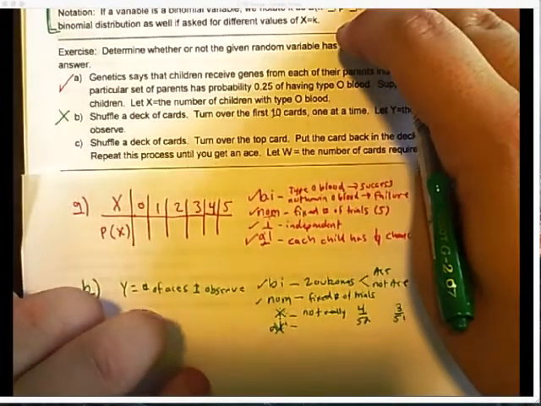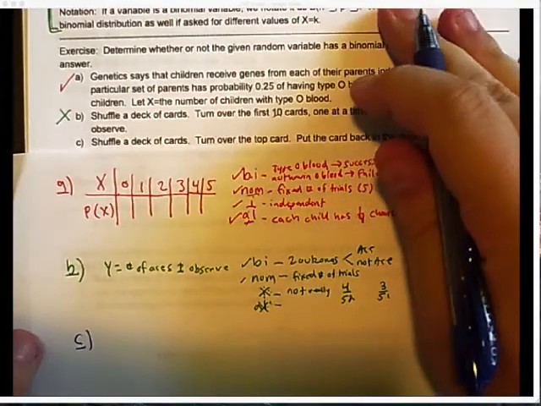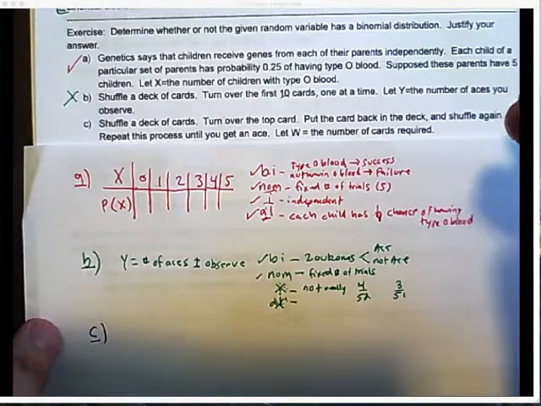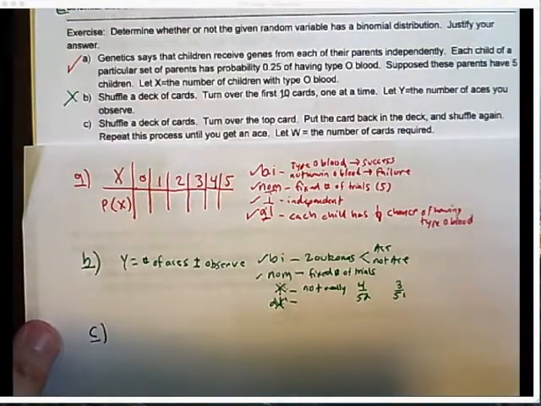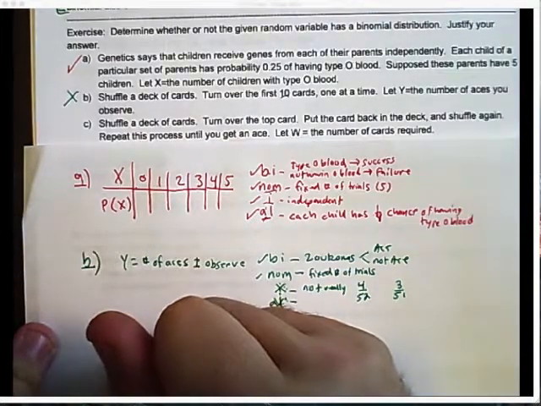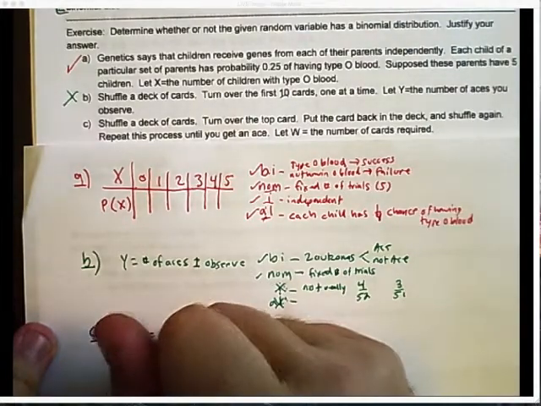Okay, let's look at part C. Question C says shuffle a deck of cards. Turn over the top card. Put the card back in the deck and shuffle again. Repeat this process until you get an ace. Here W equals the number of cards required.